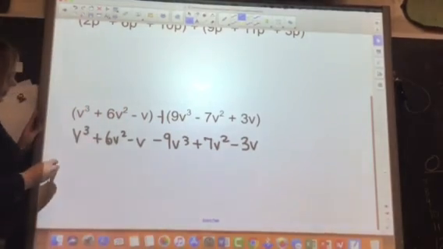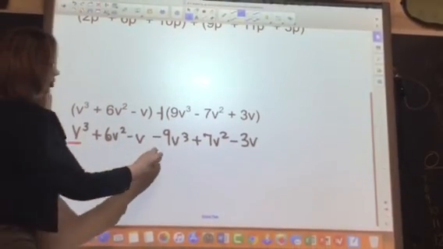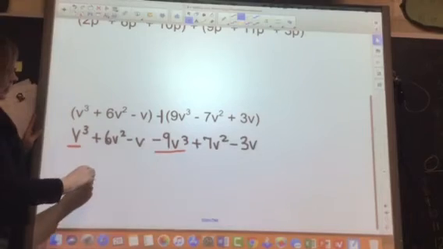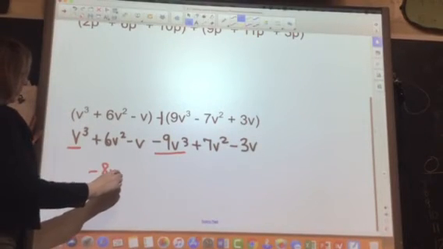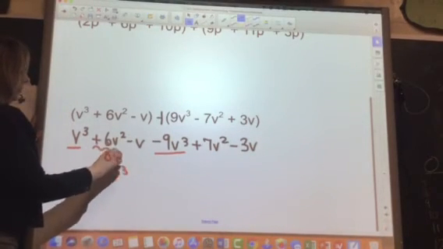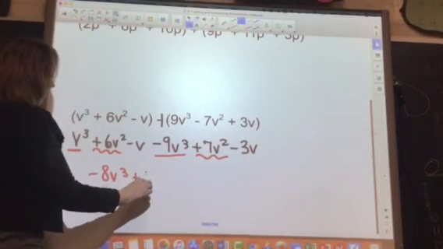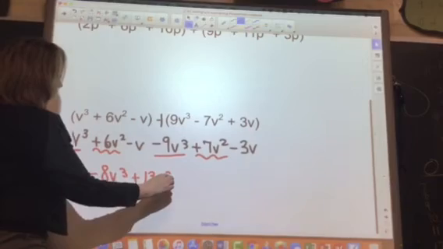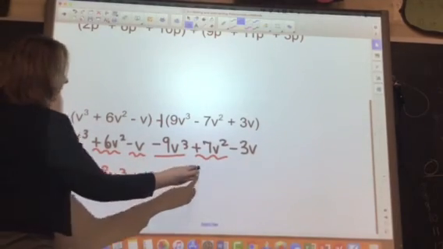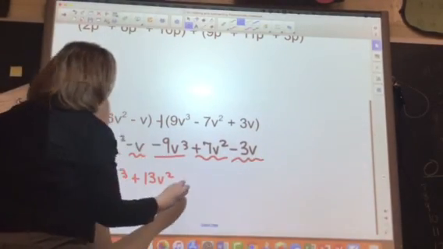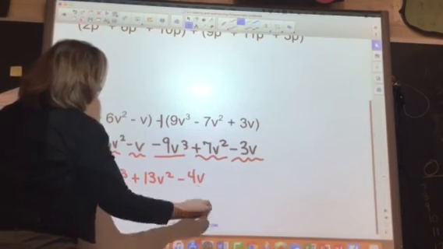Now I'm going to combine my like terms. I have a positive v cubed and a negative 9v cubed, which gives me negative 8v cubed. I have a positive 6v squared, a positive 7v squared, which gives me a positive 13v squared. I have a negative v and a negative 3v, which gives me a negative 4v.